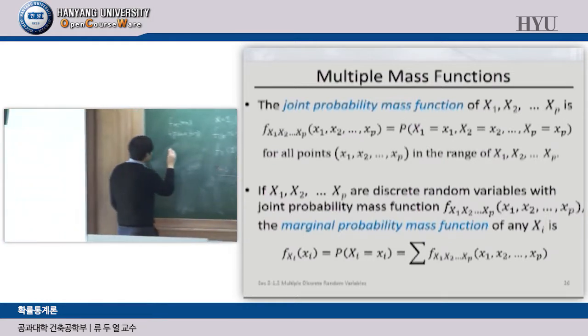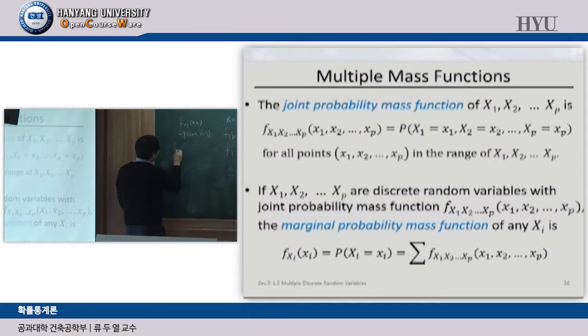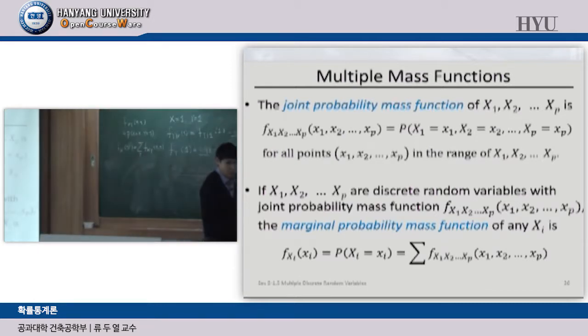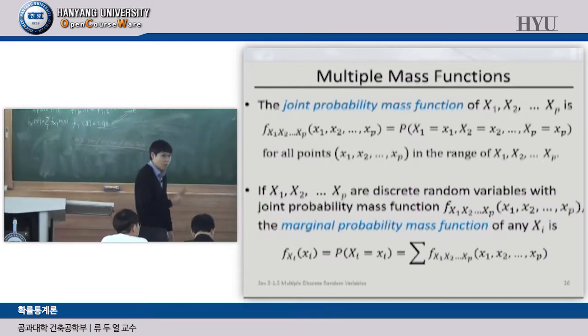And in the previous case, the marginal probability mass function of x was the summation of the joint probability mass function. Right? Do you remember that? For the y. Okay? So, this is the same formulation, but the number of random variables is increased. Okay?